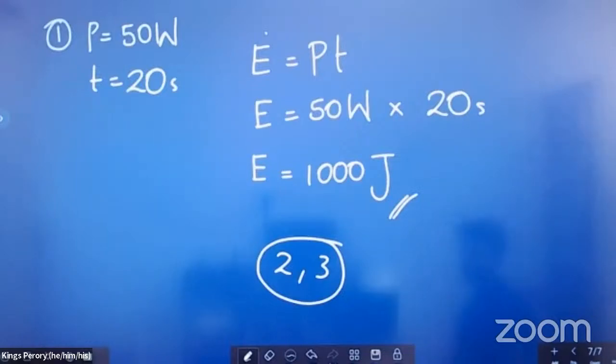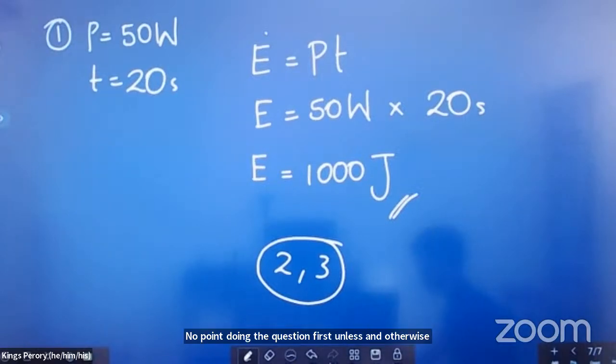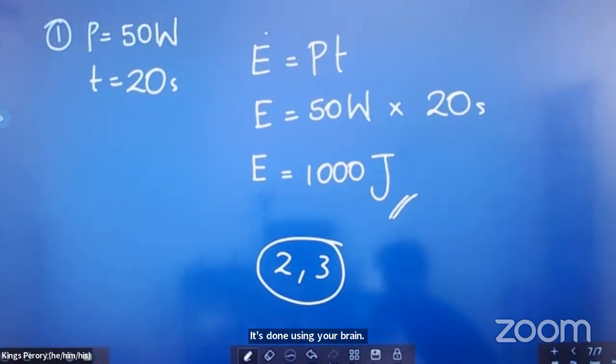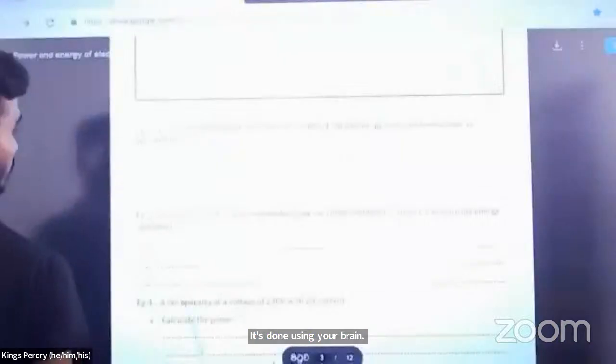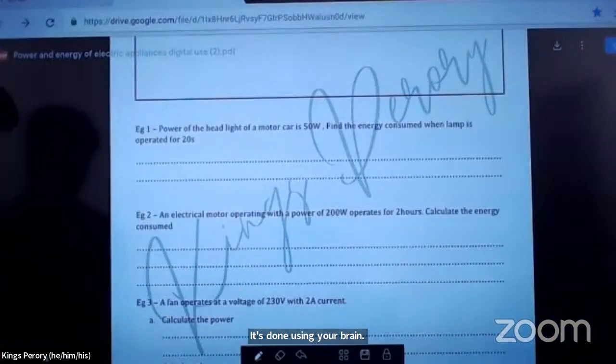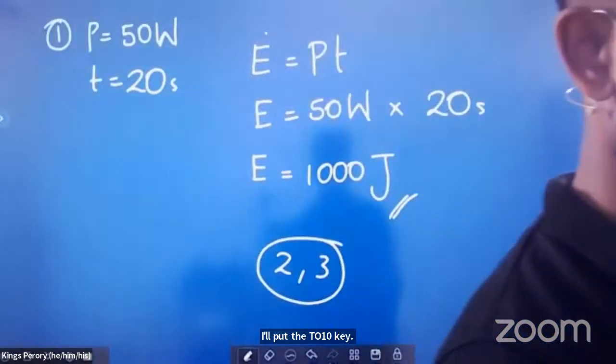Remember, no calculators. No point doing the question unless it's done using your brain.